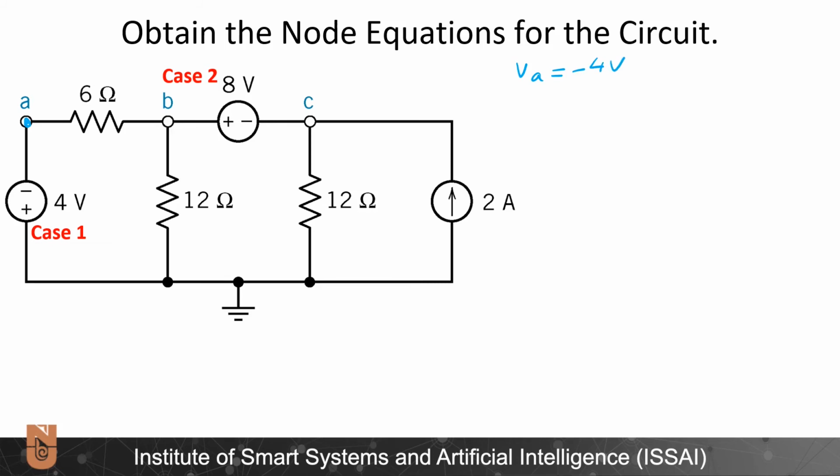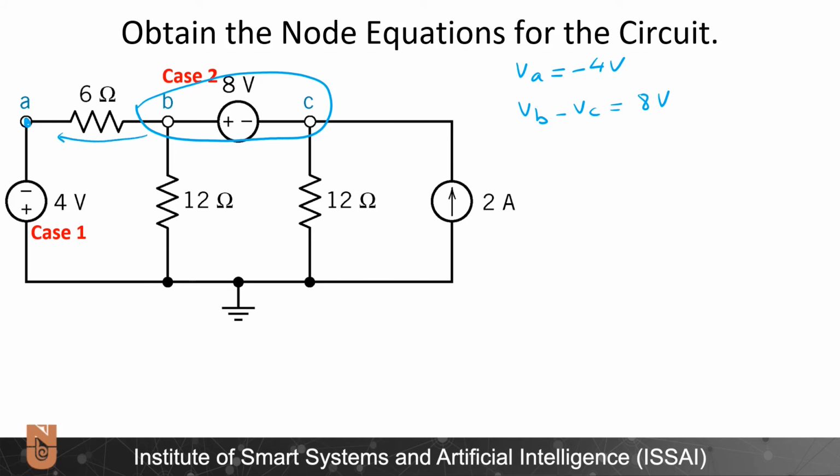And secondly, I can define a supernode here consisting of nodes B and C, between which there is an independent voltage source, and I can write VB minus VC is equal to 8 volts. In addition to this, I can write the Kirchhoff's current law for the supernode.